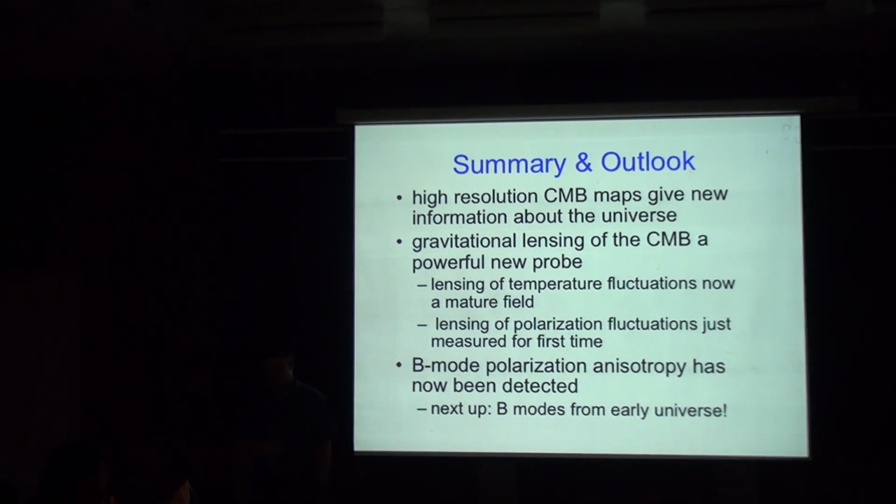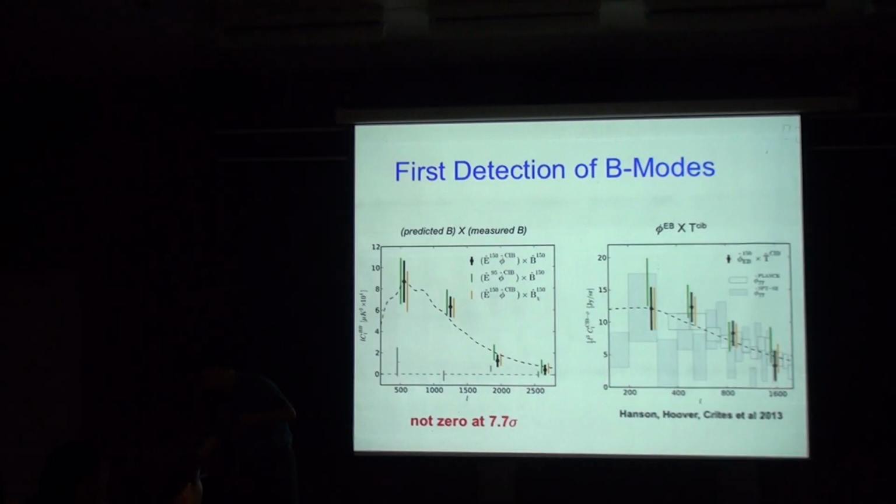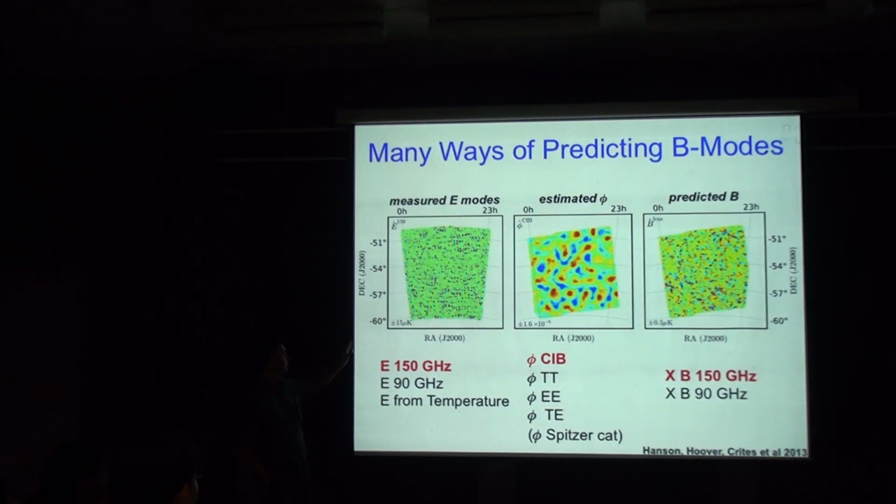What's nice about this measurement is that it's a cross-correlation. What he's worried about is that you take these measured E modes, but we also have a map of measured B mode, and if there's some slight offset in your polarization angle, some of this E mode is going to end up in your B mode.